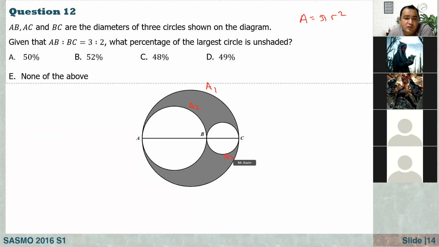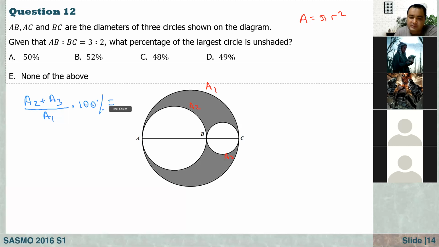What is the question here? The question is, what percentage of the largest circle is unshaded? So what is the total area of the unshaded region? That is A2 plus A3, right? As you see here, the area of A2 and the area of A3 together, those parts are not shaded. That means that we need to calculate A2 plus A3 over A1 times 100%.